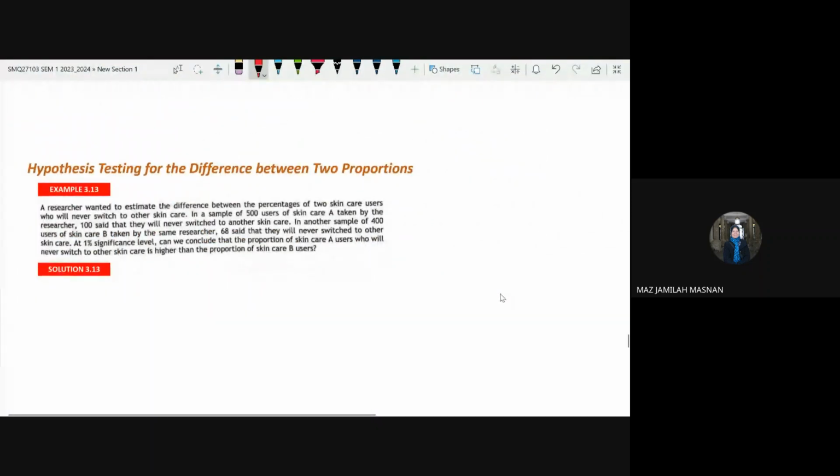For this one, you have the Z test, and Z alpha, Z 0.01 right tail, is 2.3263. The Z test is equal to 1.148.